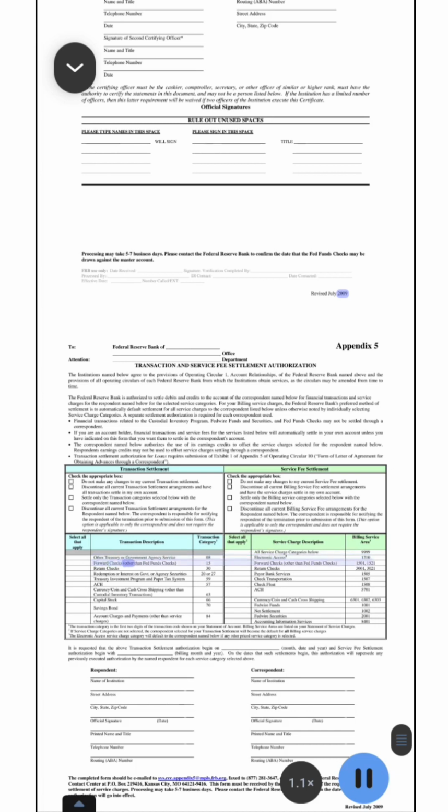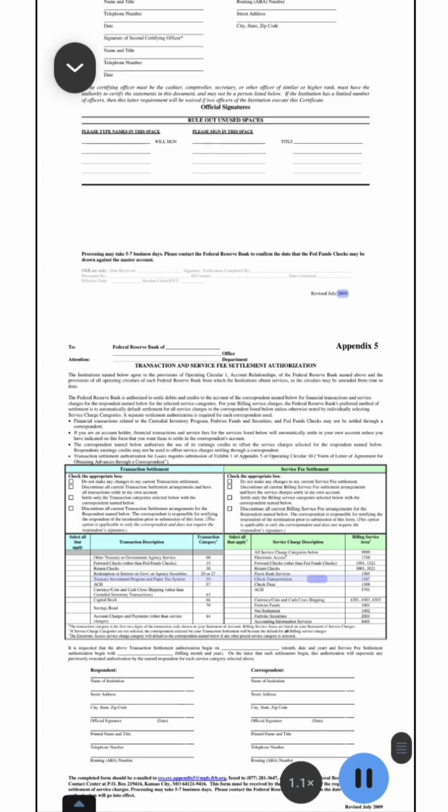Forward checks, other than Fed funds checks, 15. Forward checks, other than Fed funds checks, 1501, 1521. Return checks 30. Return checks 3001, 3021. Redemption or interest on government or agency securities 20 or 27. Payer bank services 1505. Treasury Investment Program and Paper Tax System 59.